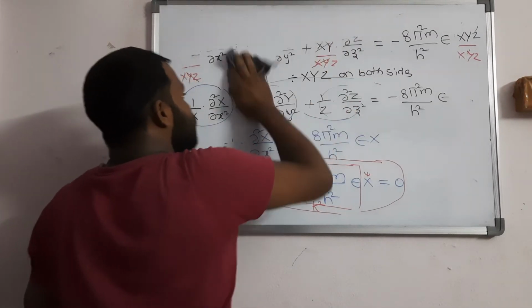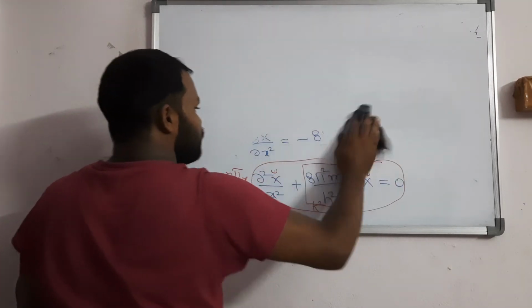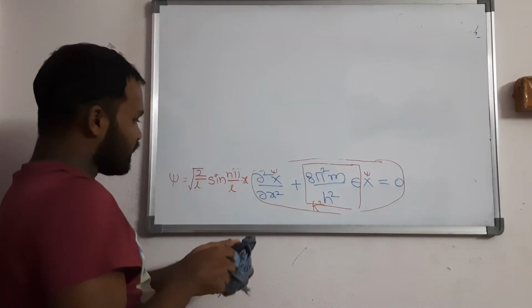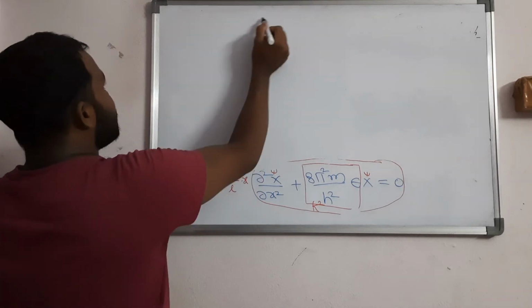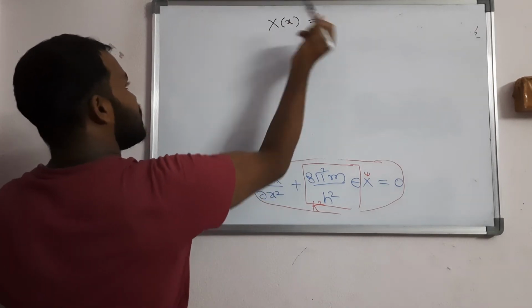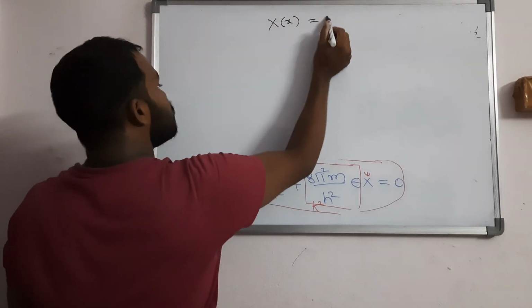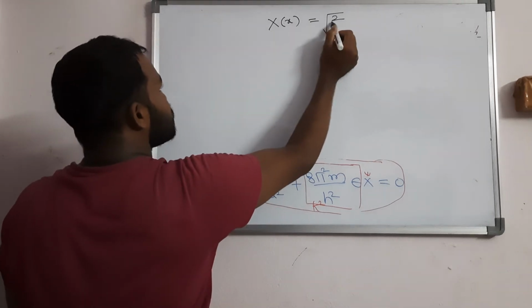What will you get for the wave functions? I am writing directly. X of x, because here x is there, is equal to root 2 by L. L means length of the box along x direction, which is a.